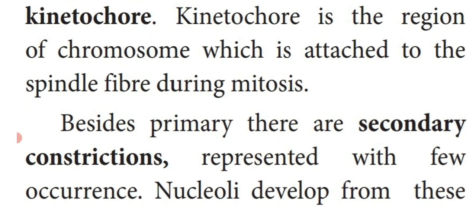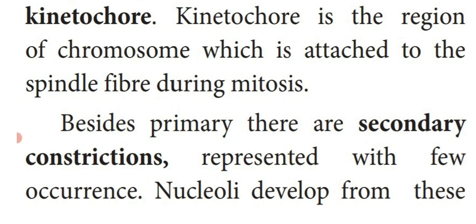The next one is the secondary constriction. This secondary constriction is present in only a few regions. From this secondary constriction, the nucleoli are produced. What is nucleoli? A small spherical body present at the center of the nucleus is known as the nucleolus.